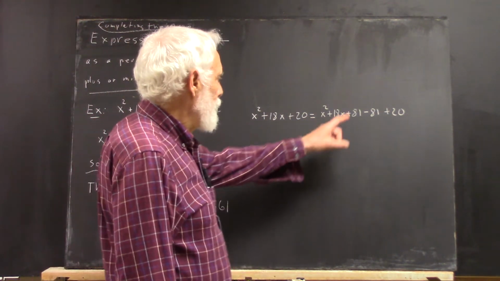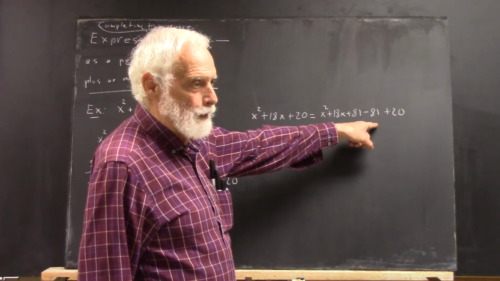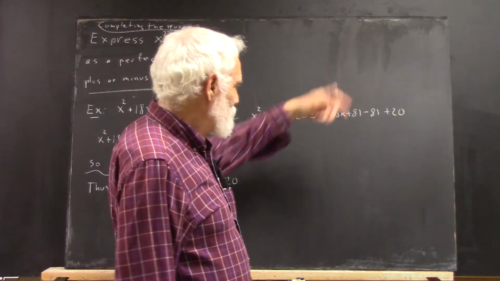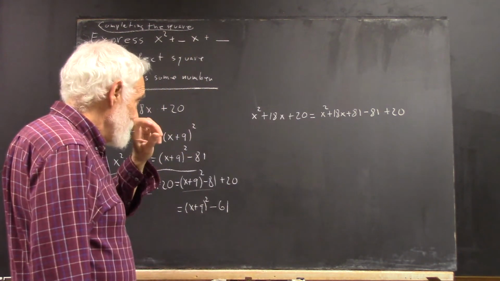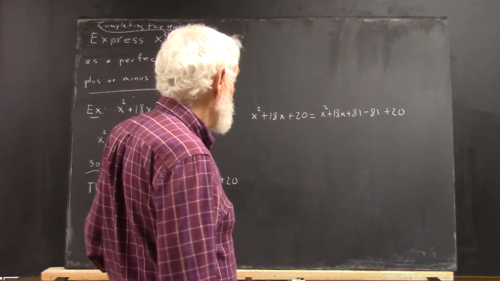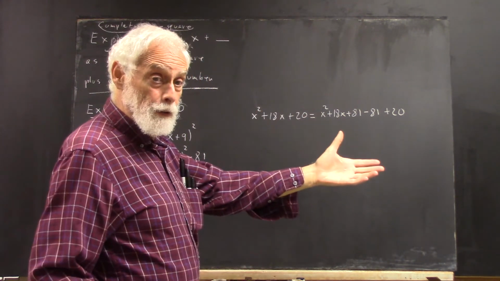And all I've done is I've added 81 and subtracted 81, kind of like a virtual particle coming in and out of existence in an attosecond or whatever. Okay? So, that's a perfectly valid thing to do.